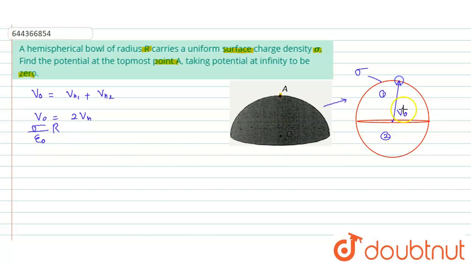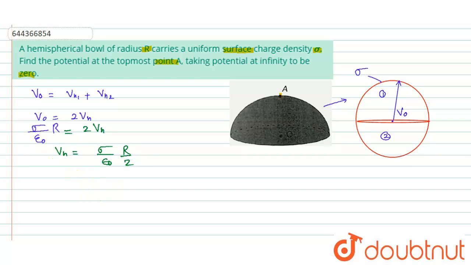This is the value of potential at the center, and it is equal to 2 times the potential at the center due to one hemisphere. From here, the potential at the center due to a hemisphere is sigma divided by epsilon naught into r by 2.